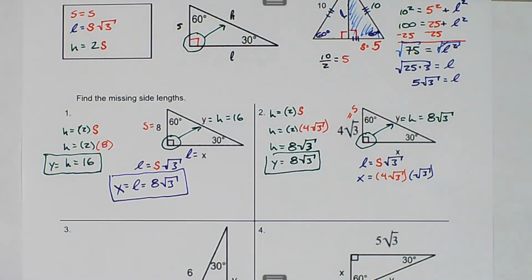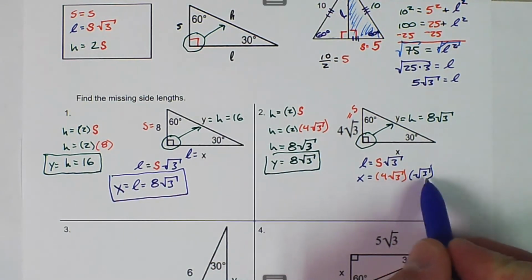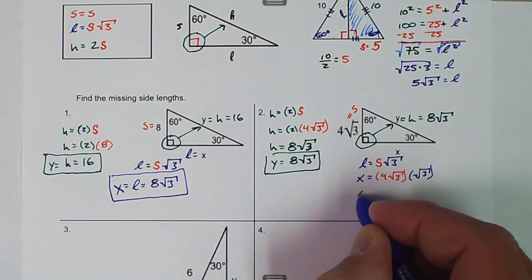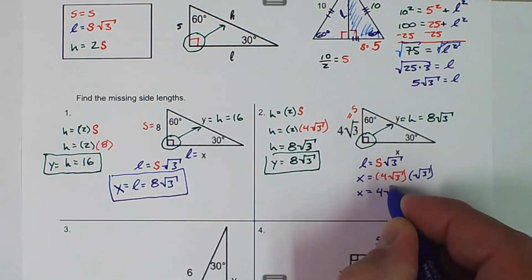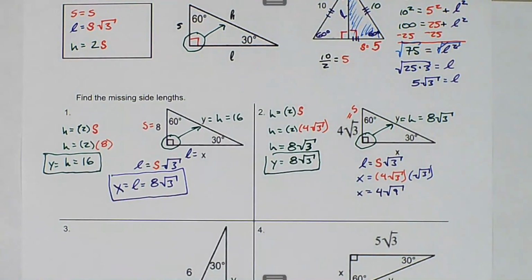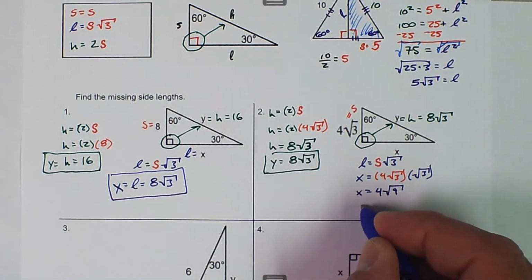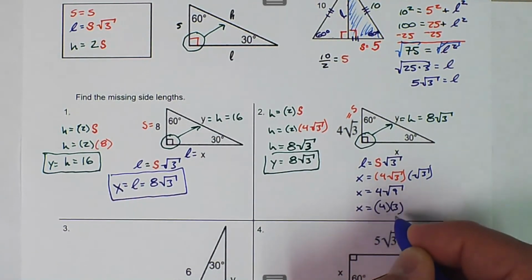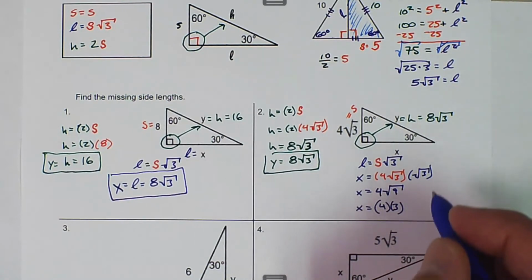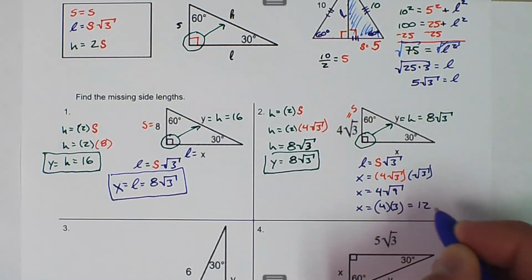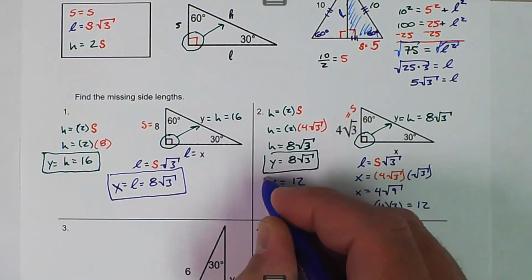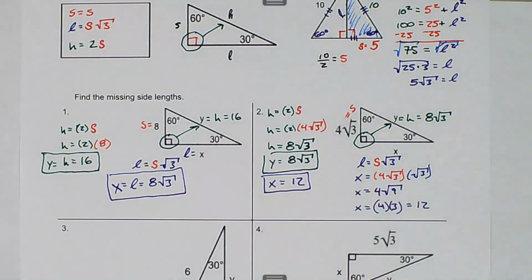And anytime we multiply two of the same values together, 3 times 3 is going to be 9. So we're going to get x equals 4 multiplied by the square root of 9. But we know that the square root of 9 is 3. So x is equal to 4 times 3. And so that is equal to 12. So we also know that x is equal to 12. Those are two answers there.